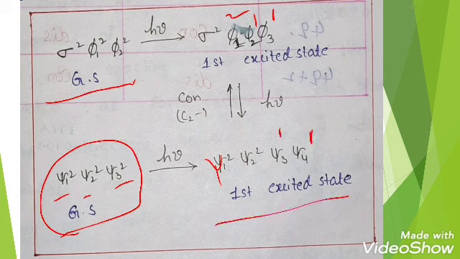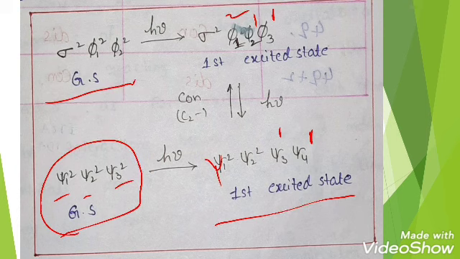This is the first excited state of the hexatriene system. So here the first excited state of cyclohexadiene correlates with the hexatriene.